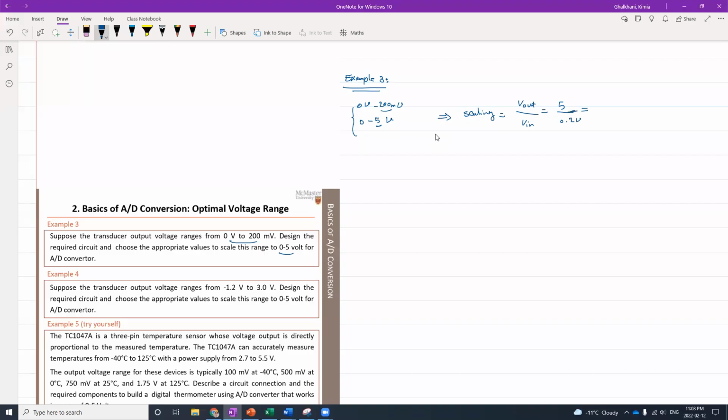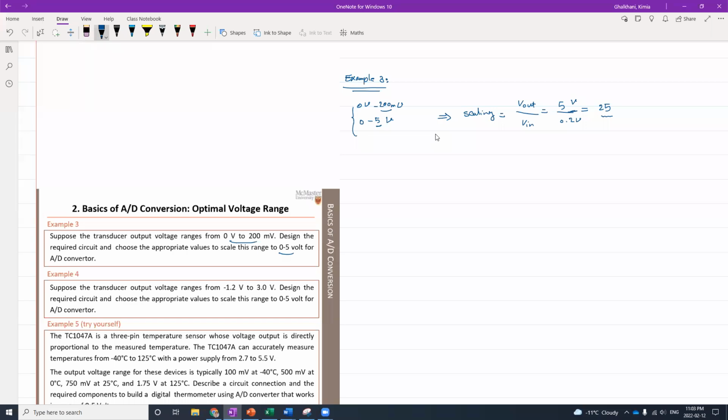From here, I have simply 25. What does that mean? It means the transducer voltage must be amplified 25 times.